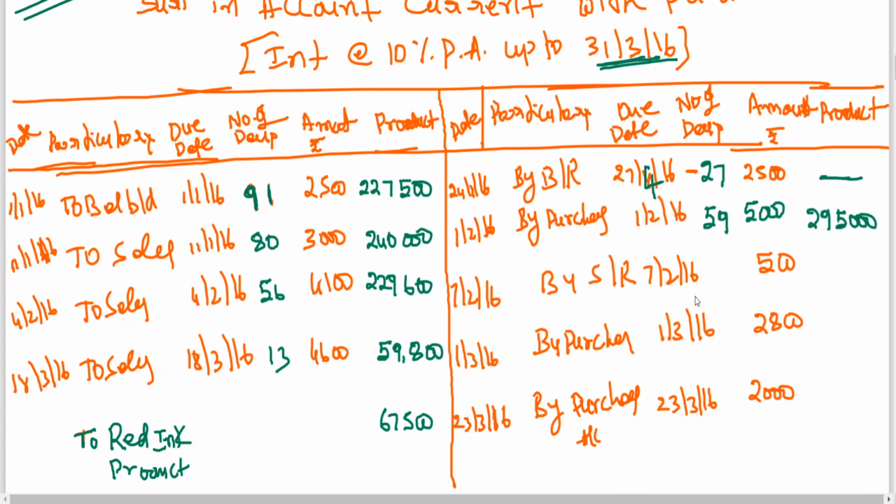Next, 7th February 16. How many days are there in February? 29. 29 minus 7, 22. 22 plus 31 March, 53 days. 53 days into 500, 26,500. 1st March, balance of days 31 minus 1, 30 days. 30 into 2,800, 84,000.